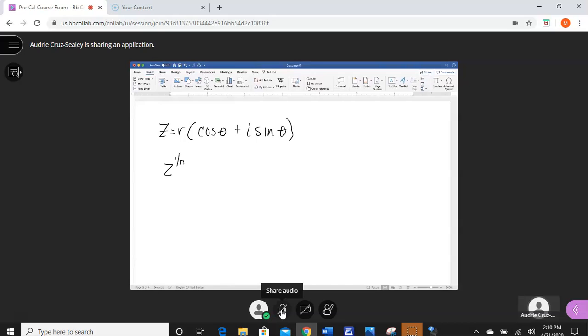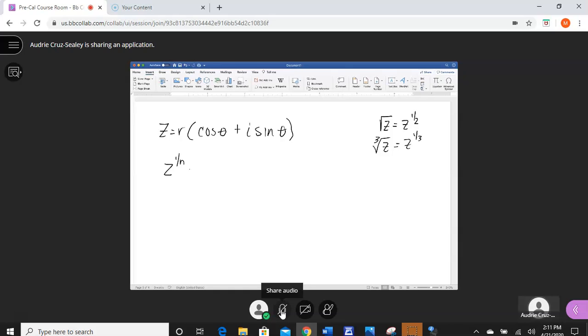I want you to look at how they're writing that, because remember, side note, the square root of z is the same thing as z to the 1/2 power. The cubed root of z is the same thing as z to the 1/3 power, and so forth, right? So even though you don't see a radical, this means the nth root of that complex number.